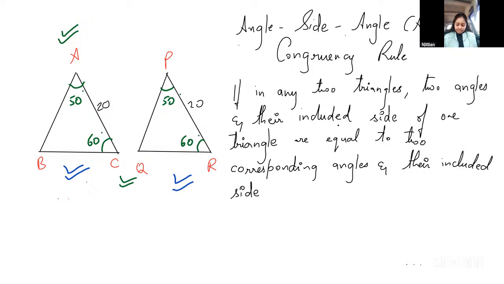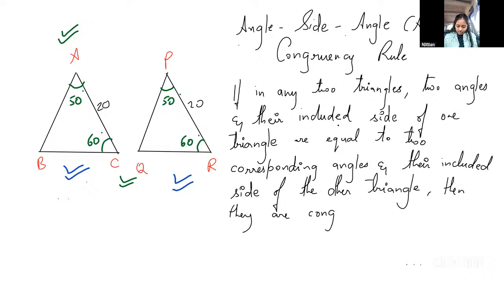If the included side of one triangle equals the included side of the other triangle, then the two triangles are congruent by the angle, side, angle rule.